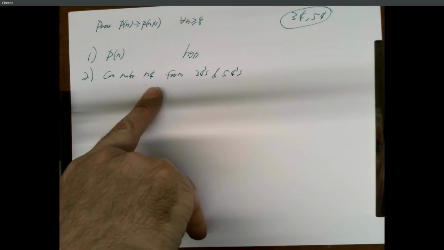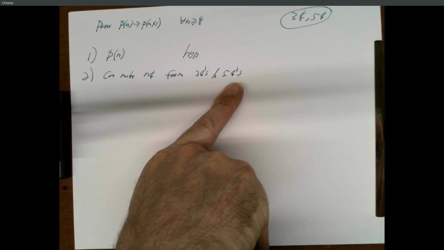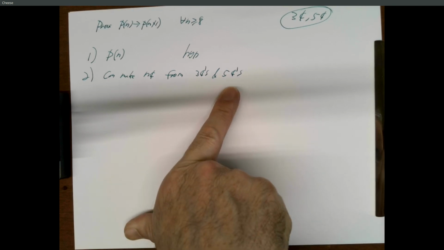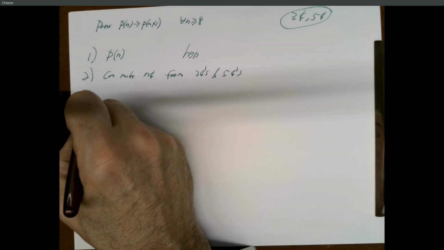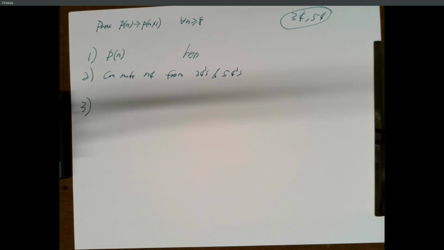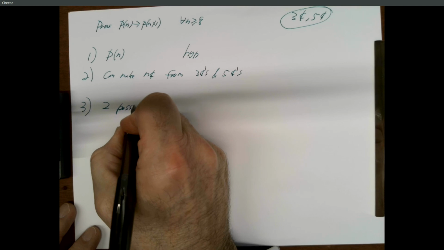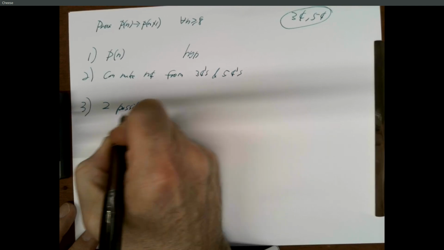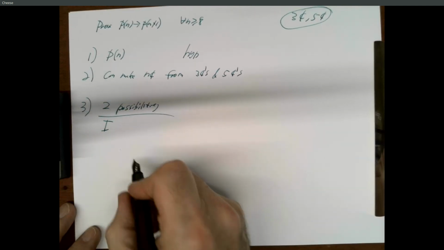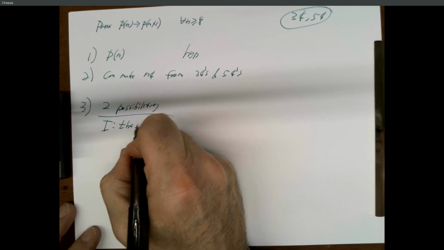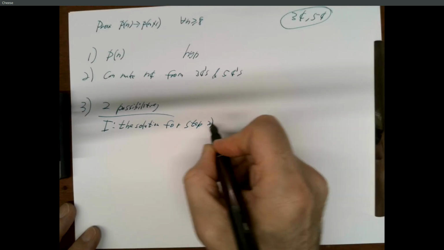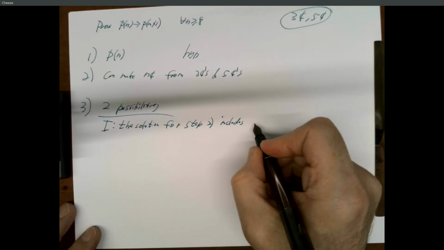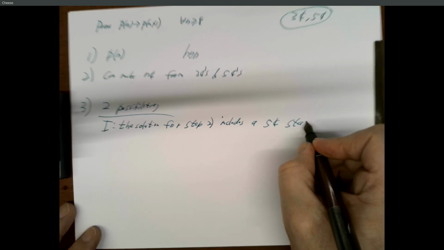P of n says I can make n cents from a combination of 3-cent and 5-cent stamps. Okay, we are assuming that's true. Step 3, there's 2 possibilities. Possibility 1: the solution for step 2 includes a 5-cent stamp.